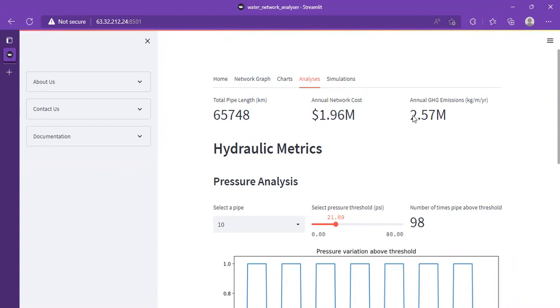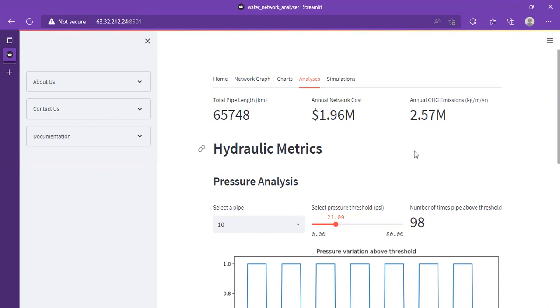You may also need to make your network sustainable, and the sustainability index in this case is the greenhouse gas emissions, which is in kilograms per year. So in this case, we have up to 2.57 million kilograms of greenhouse gases released to the atmosphere as a result of this network.